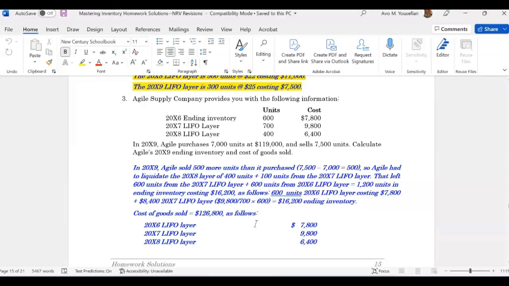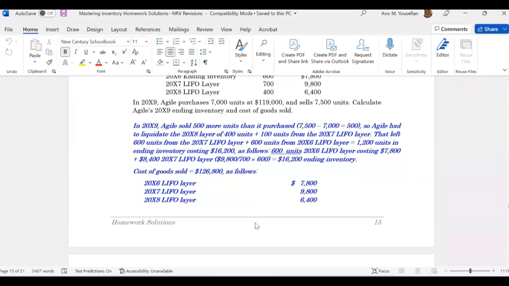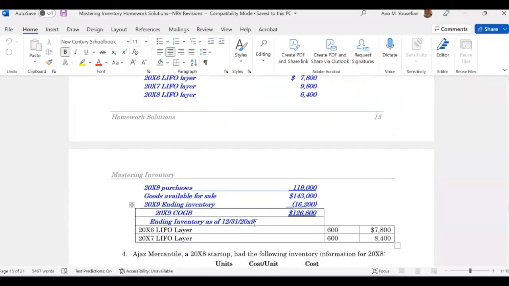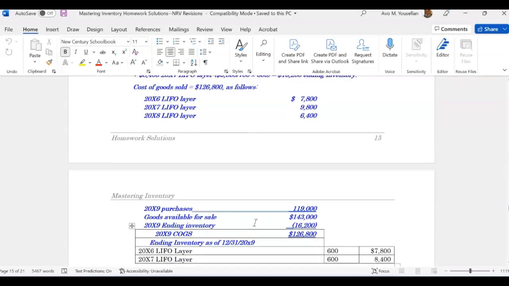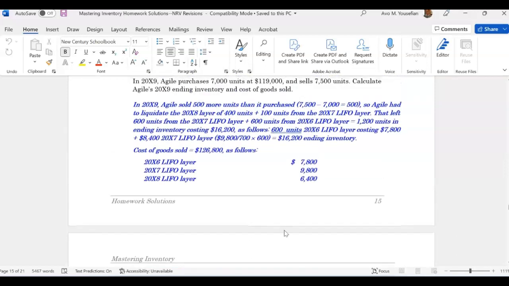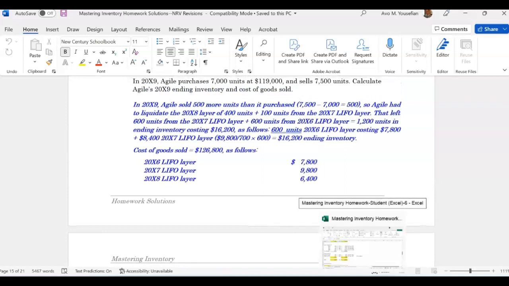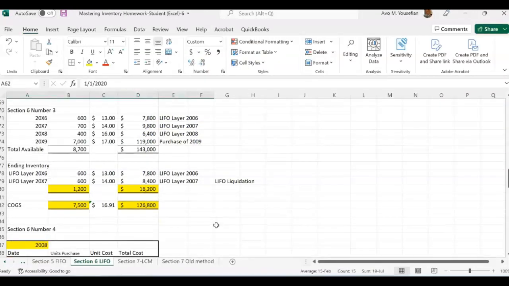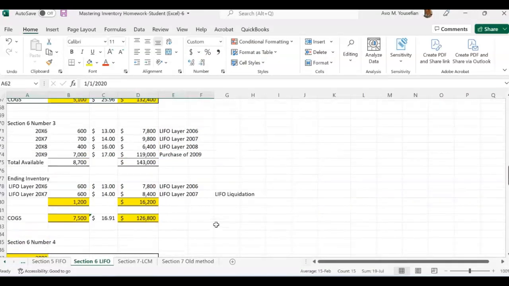Okay, so here is the answer anyway, to some degree, I believe. And then it keeps going down like that. But I'm going to show you the Excel, which is more transparent, showing everything.